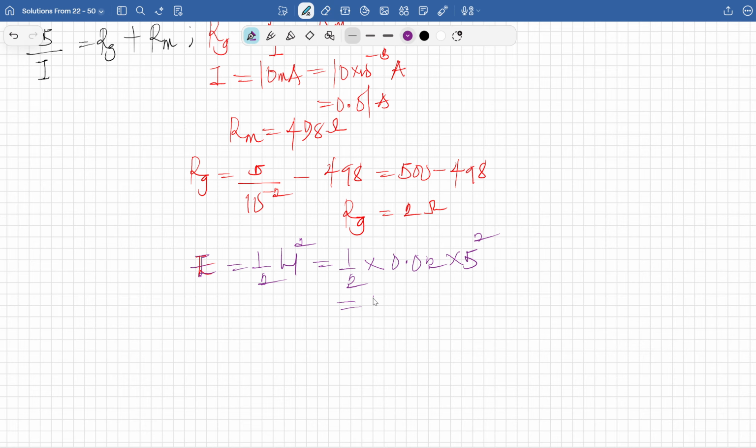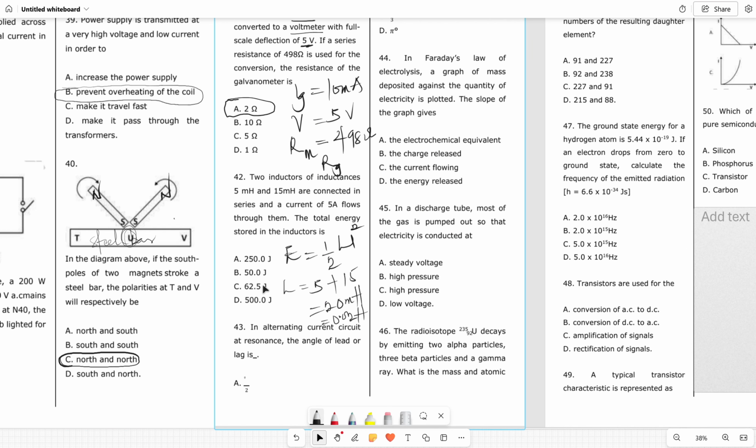So you're simply going to have that to be 0.25 joules. Okay, 0.25 I have, but I'm having 250 joules here. Maybe the given inductors are not actually having the prefix milli. So I will assume you're supposed to have this as the answer.